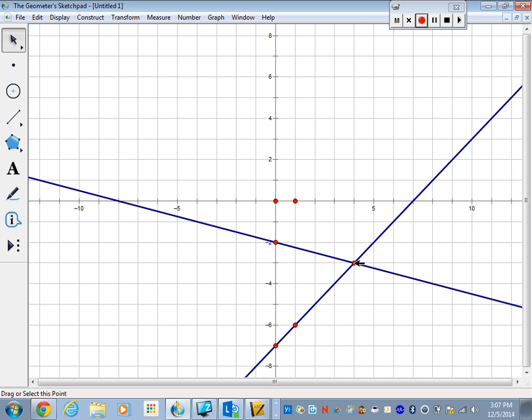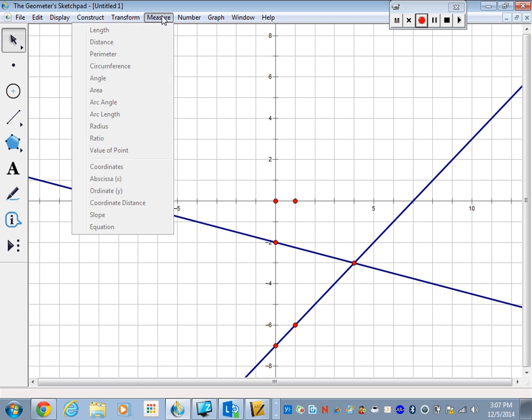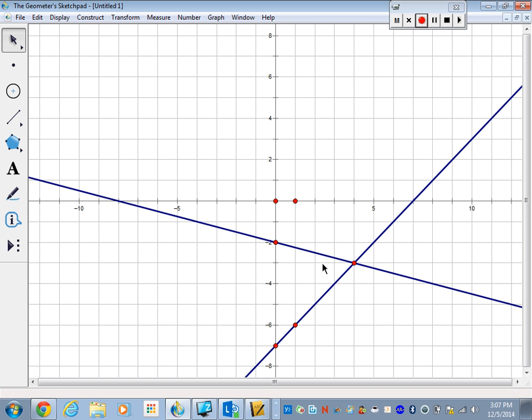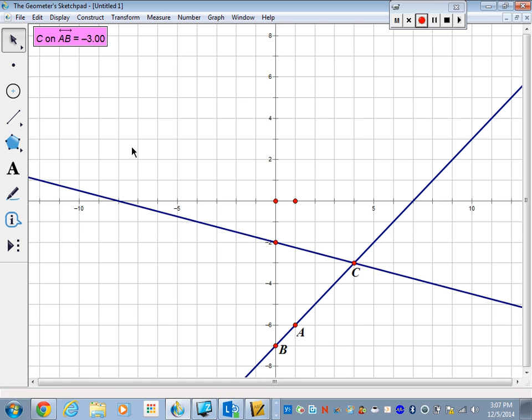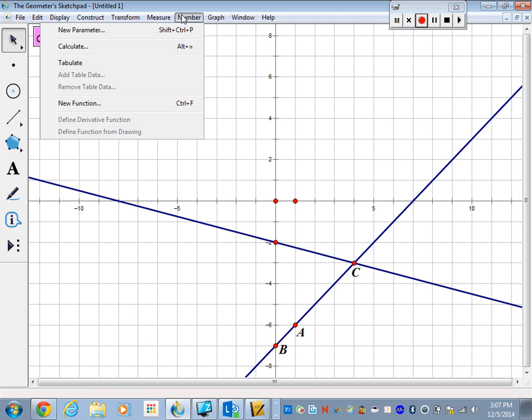Let's see if it'll tell me what that is. Value of the point on C. Okay. I have no idea why it did that.